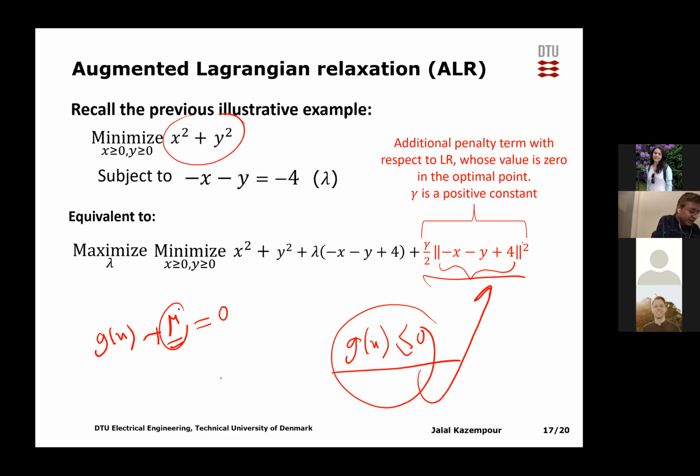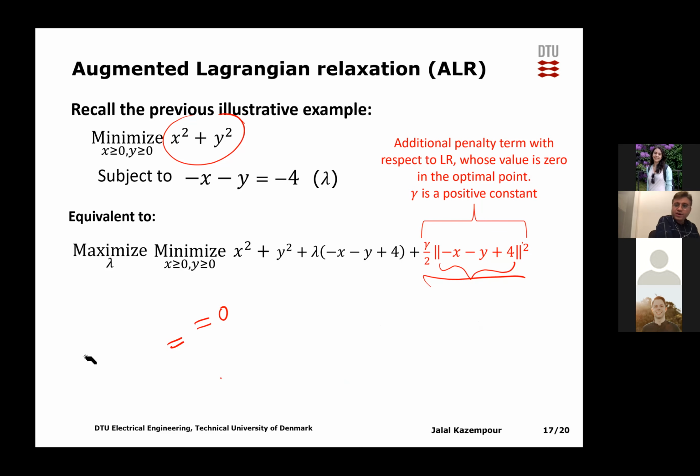And then penalize mu as a slack variable in the objective function. So we make the inequality an equality, and then we can use augmented Lagrangian relaxation. Exactly. Neuron and Lorenzo also mentioned that by slack variables, we can make an inequality an equality, and then we can use the augmented Lagrangian relaxation technique. Good.